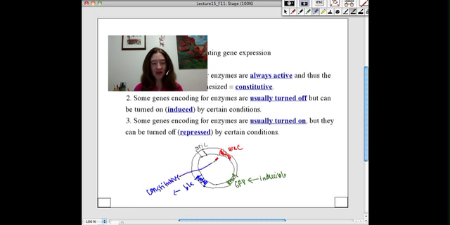So I'll just draw an arrow that so too is the araC gene. So good examples of both inducible, number 2, and constitutive, number 1. We'll see some other examples where we see repression, where genes are generally turned on, but they can be repressed by certain conditions. So let's go ahead and talk about that.